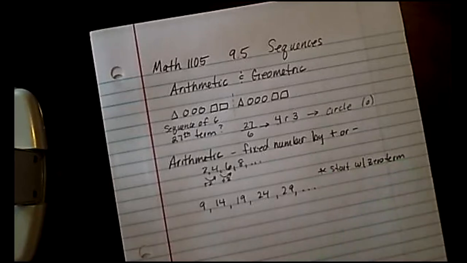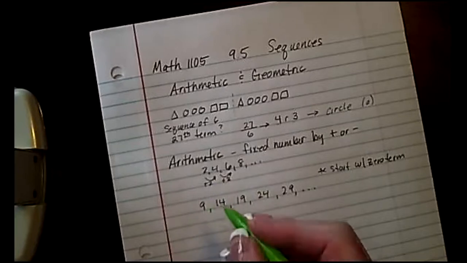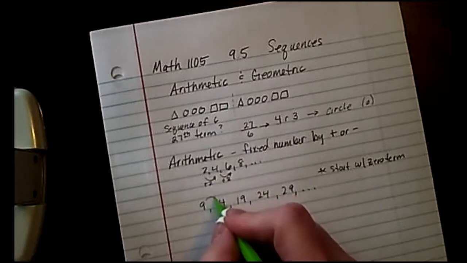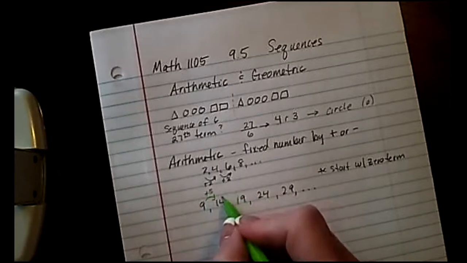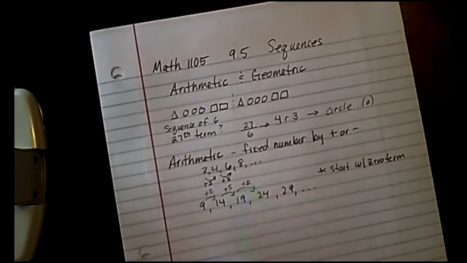So if this is my first term, first of all, let's see, what is the pattern? Well, I am adding 5 each time. So I have found that pattern of the fixed number by adding 5. But keep in mind, this is the first term.